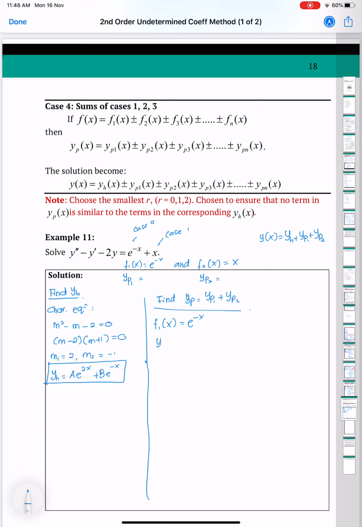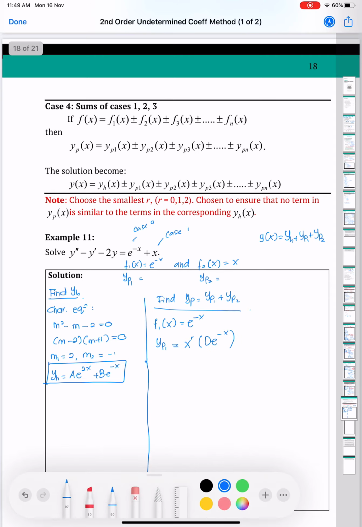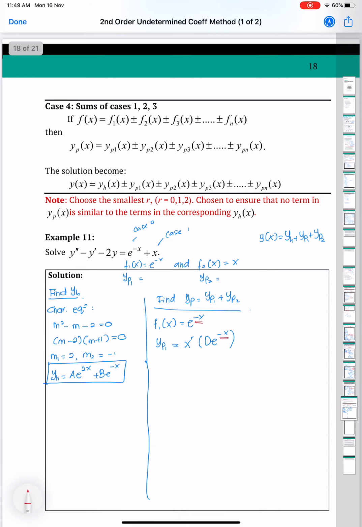So my yp1 is equal to x to the power of r, d exponent negative x. So this is from case 2. You see, here I have negative x, here also I must have exponent negative x.